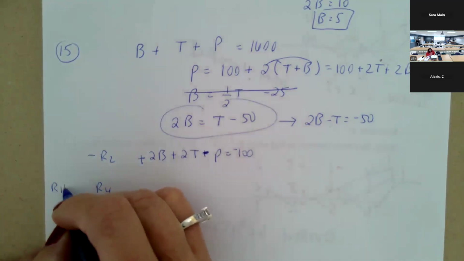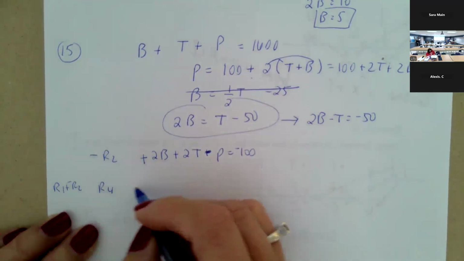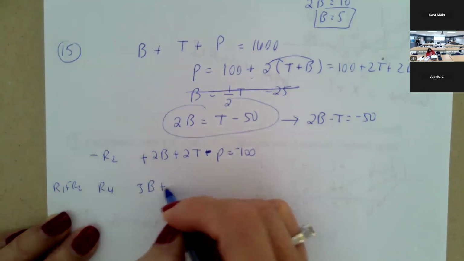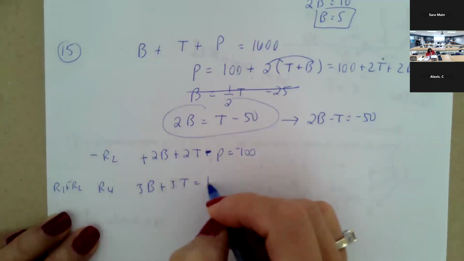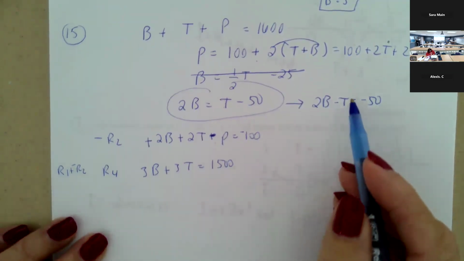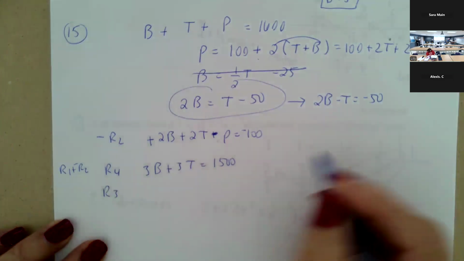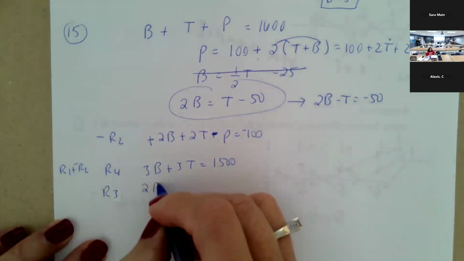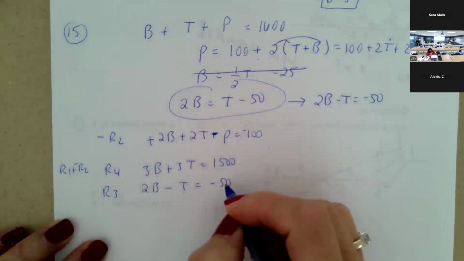Row 1 plus the negative of row 2. So row 4 is 3b plus 3t equals 1500. Then I already had row 3, which was 2b minus t equals negative 50.